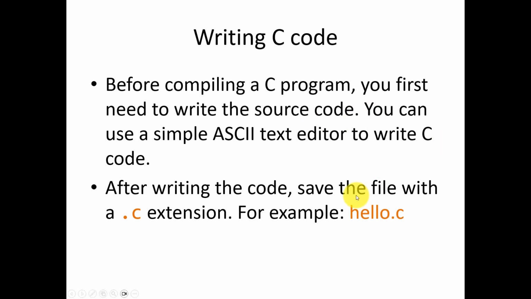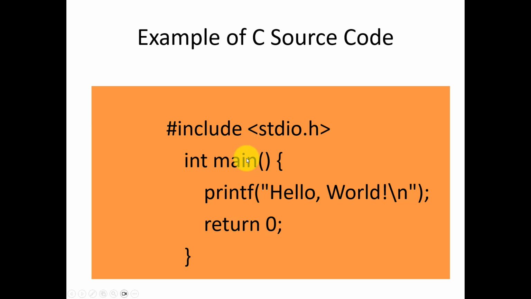After you write the code, the next step is to save the file with the extension .c. For example, your file, after you save it, should look like this one with the extension .c. Here you have an example of C source code.